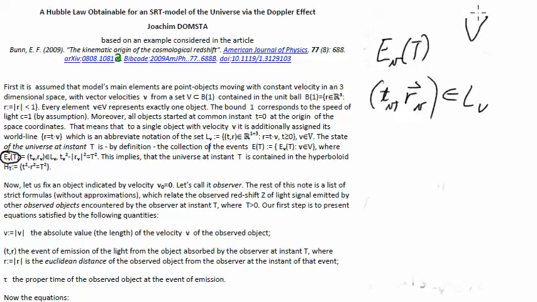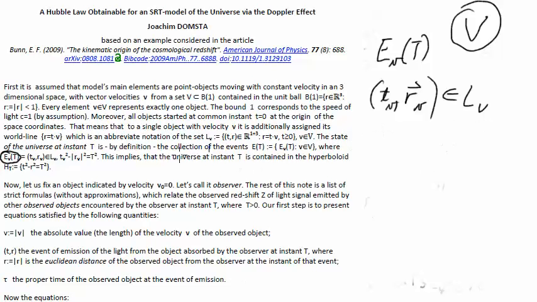Because v was a set of discrete velocities, L sub v is a set of discrete world lines. And so these are events that are attached to those discrete world lines.